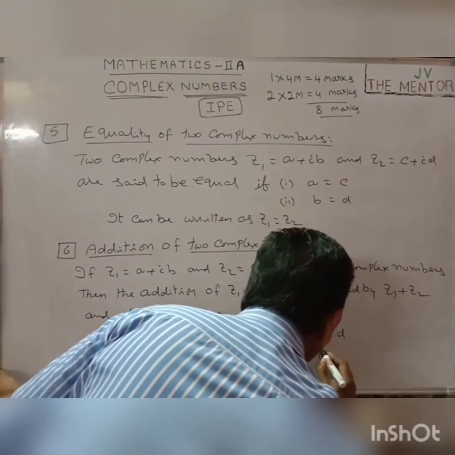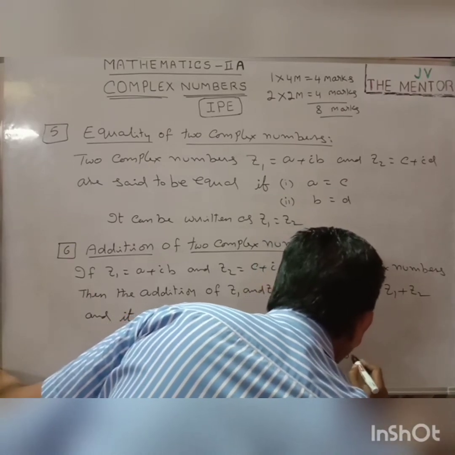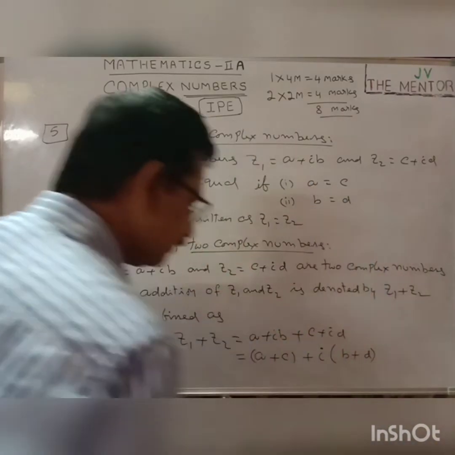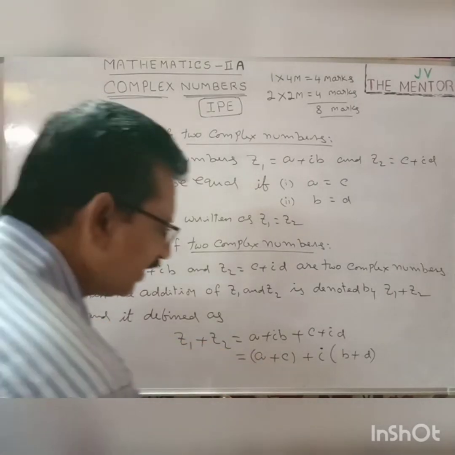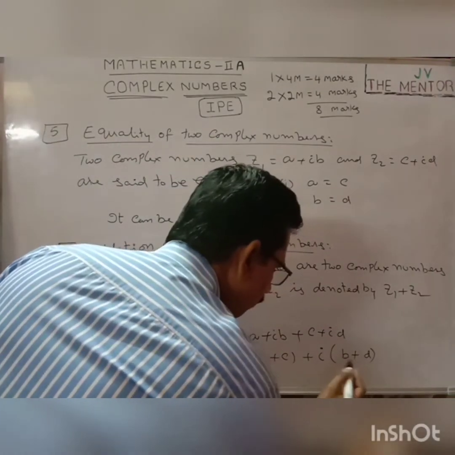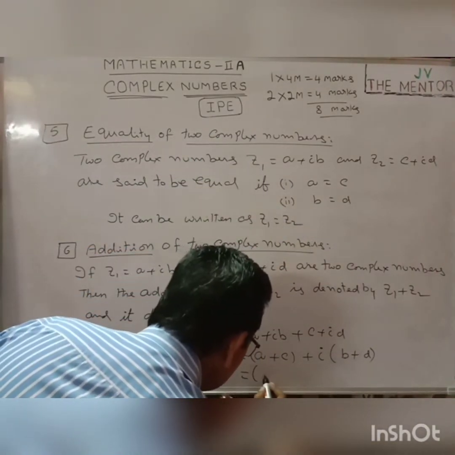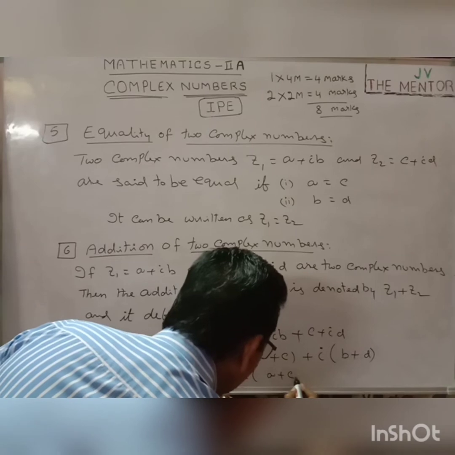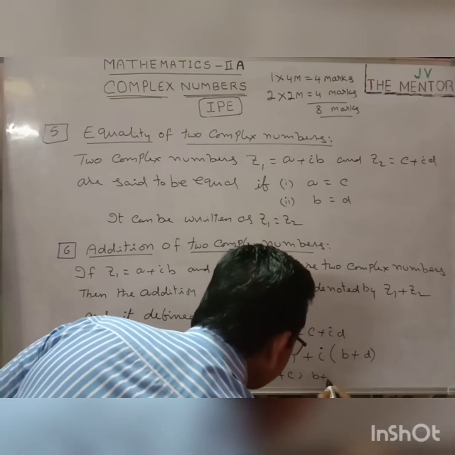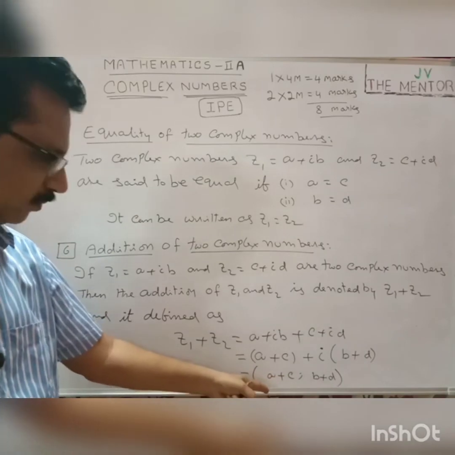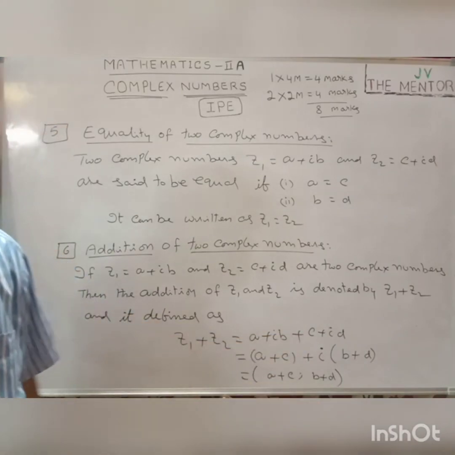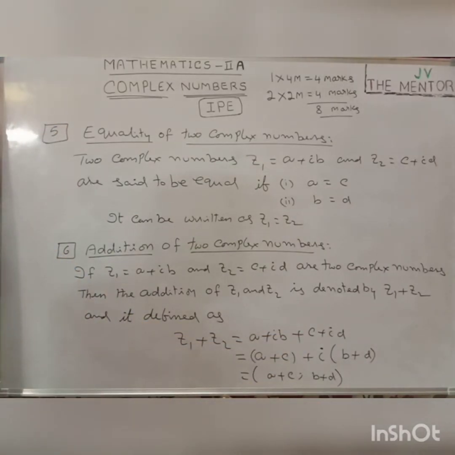Taking I common, I into B plus D. Okay, this is the addition of two complex numbers. This can also be written in ordered pair form: A plus C comma B plus D. This is ordered pair form. This is A plus IB form. Okay? Write down.